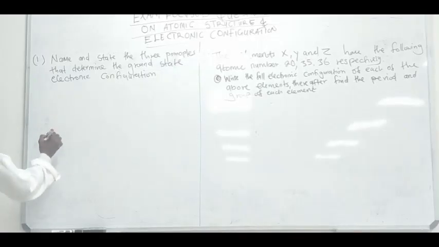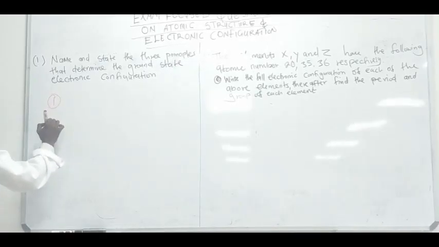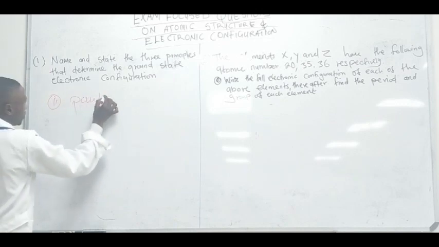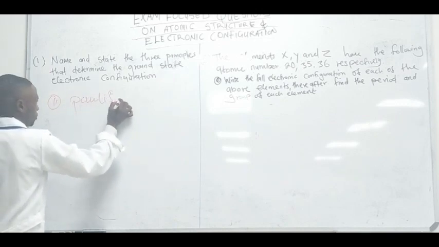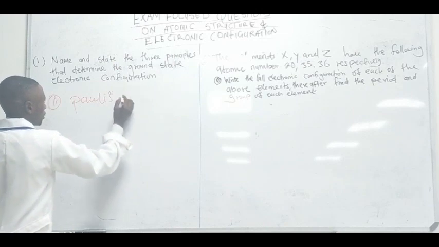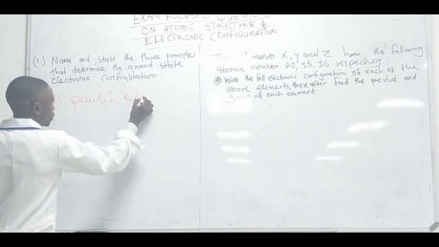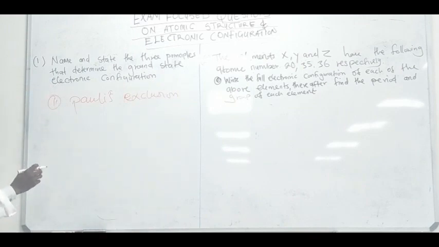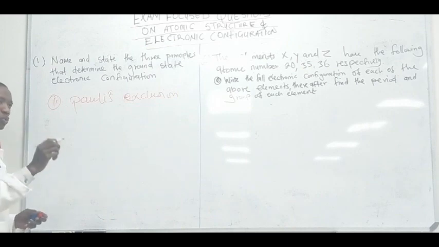The other principle that we have to look at now is Pauli's exclusion principle. I think amongst the principles, this one is the easiest. It tells us that an orbital cannot hold more than 2 electrons.